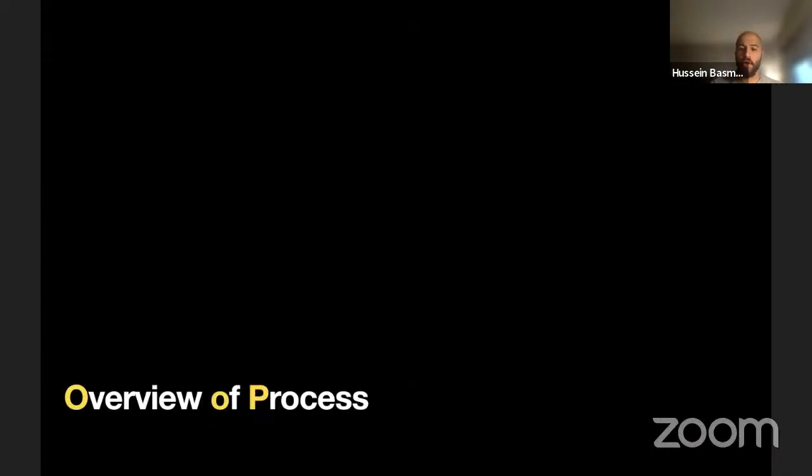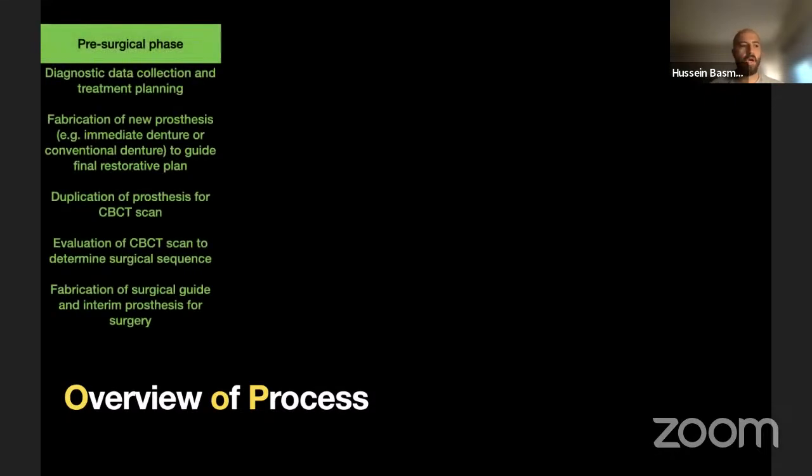If we look at the overview of the process for full arch cases, we all agree that any treatment modality related to implant placement has to start with pre-surgical treatment planning, which is basically the prosthetic planning. It starts with the diagnostic data, gathering all the information, data acquisition, having a 3D X-ray, and then definitely having something called the duplication of the prosthesis, which in some cases is called the radiographic guide.